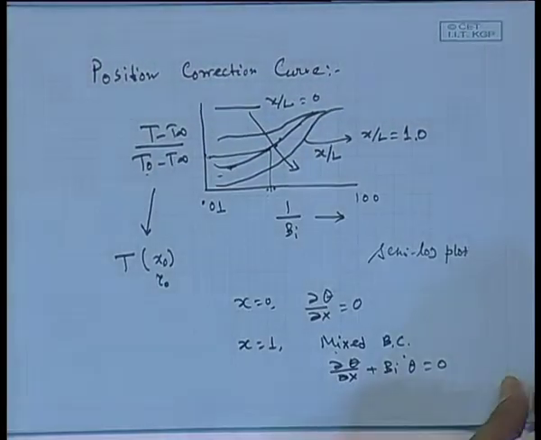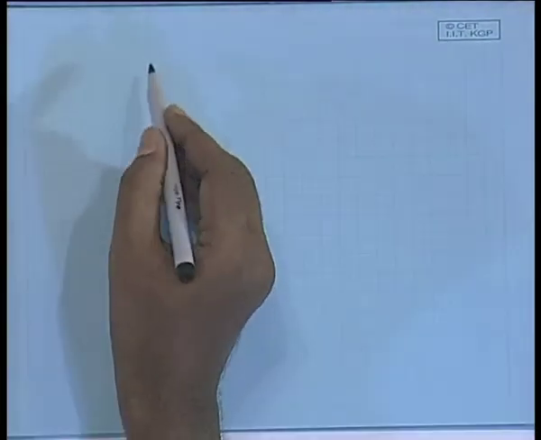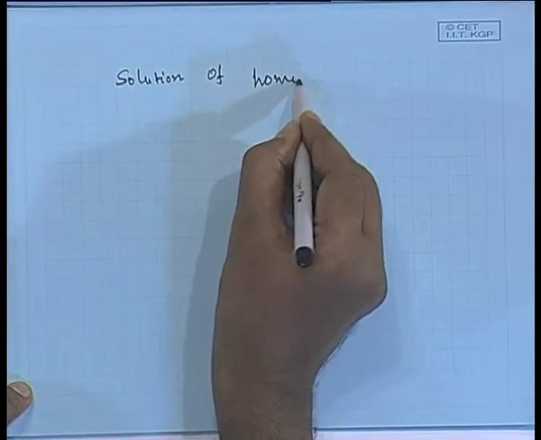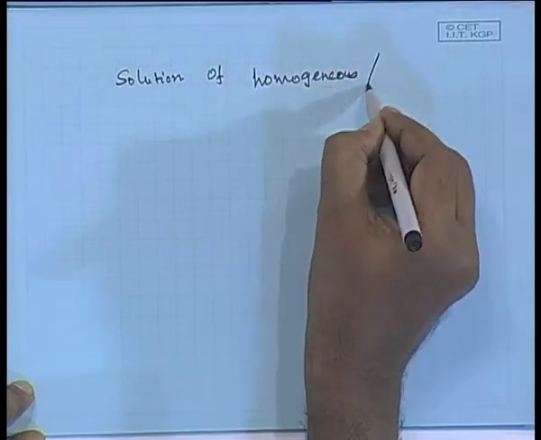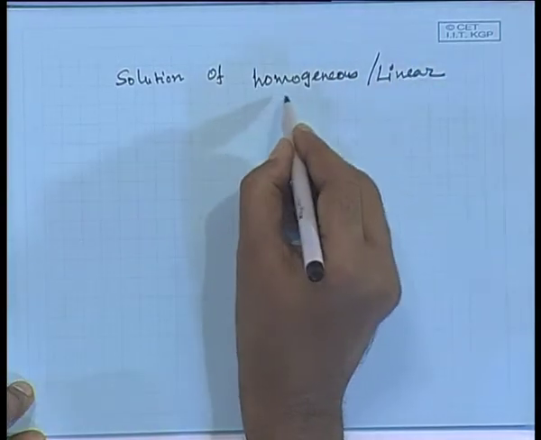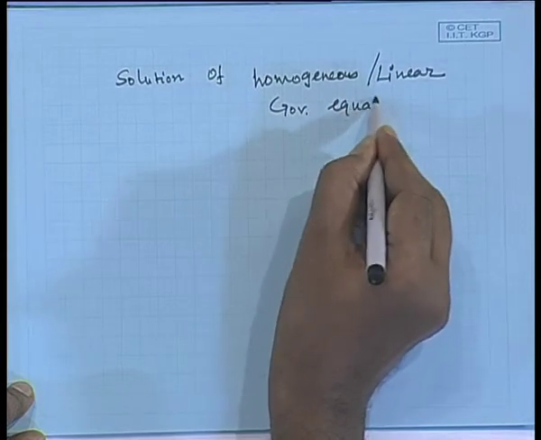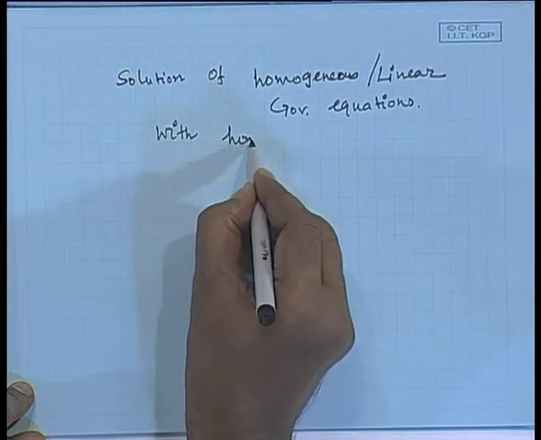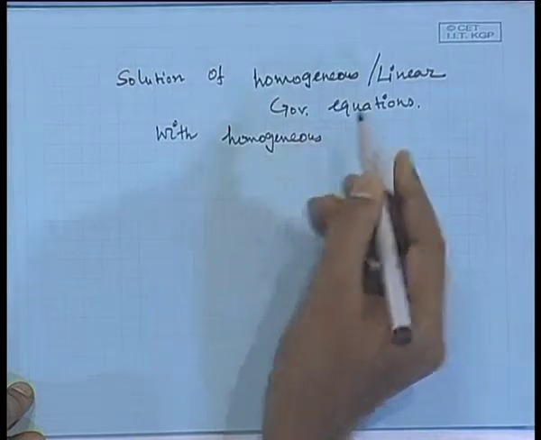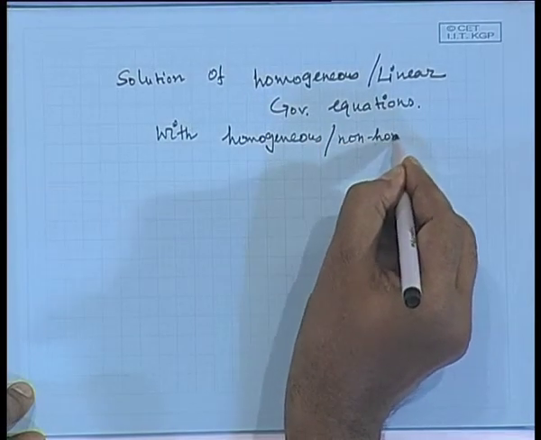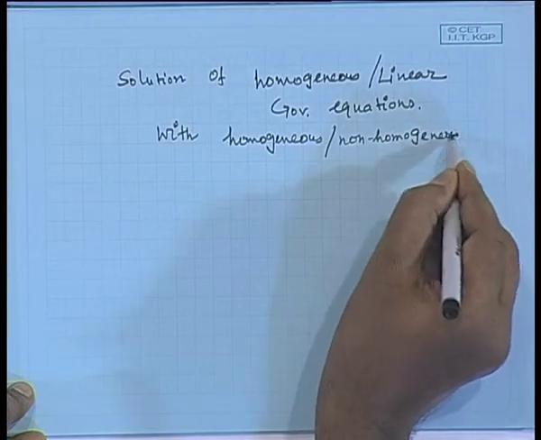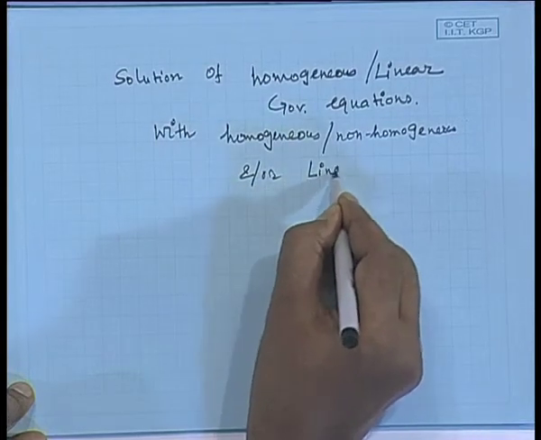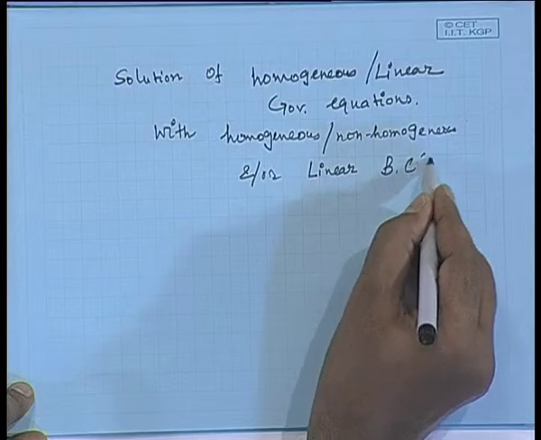Now, till now whatever we have done, we have talked about the solution of homogeneous linear governing equations with homogeneous or non-homogeneous boundary conditions, and of course linear boundary conditions.